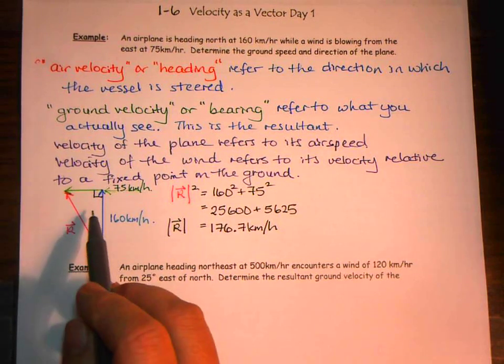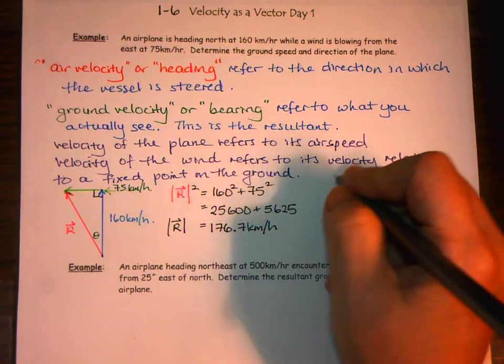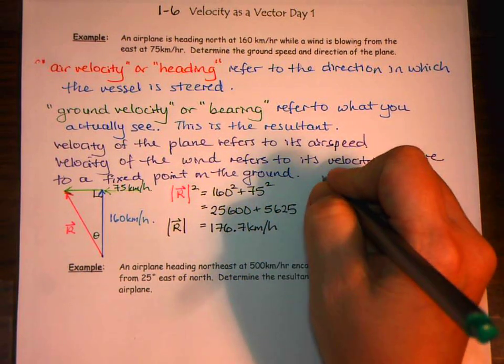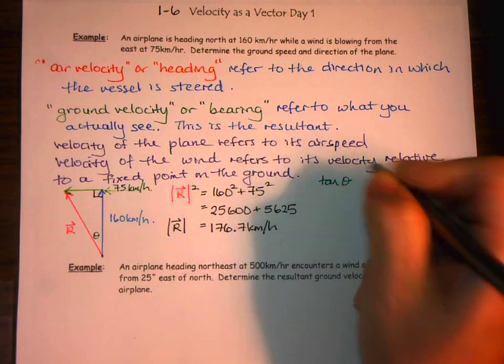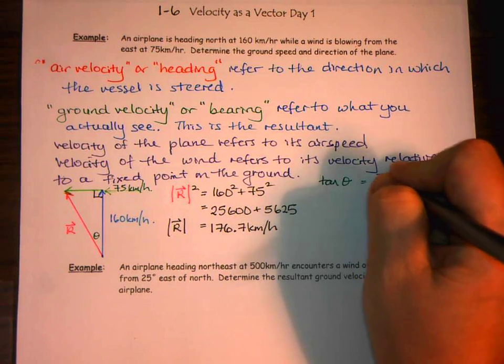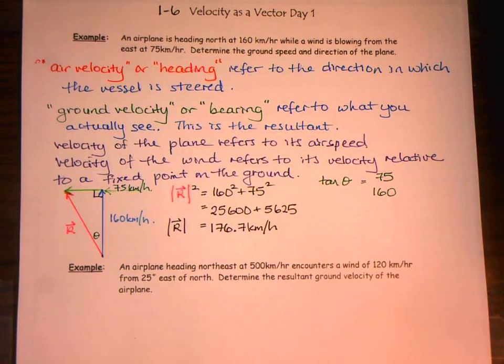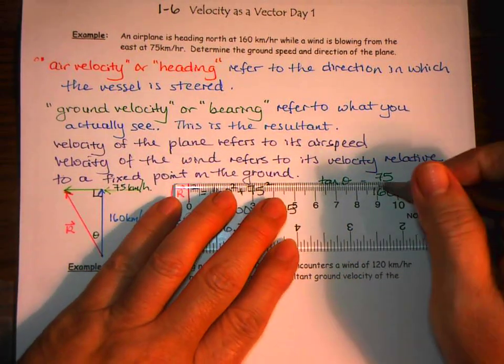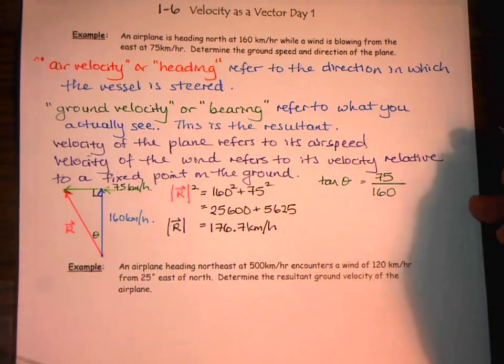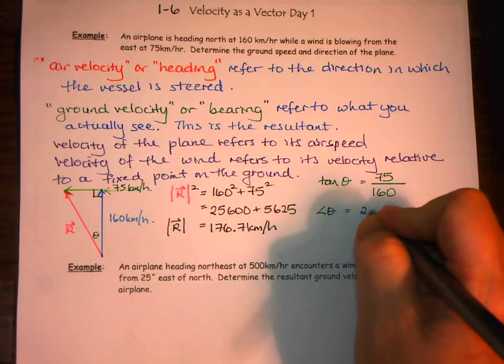It's a right angle triangle, so it's simply a trig ratio. Tangent of theta, opposite over adjacent, is equal to 75 over 160. And angle theta comes out to be 25.1 degrees.